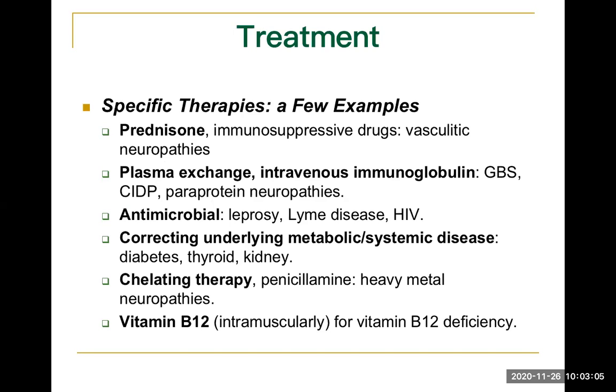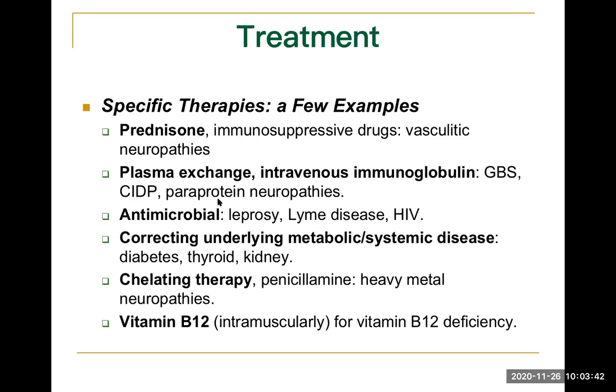Prednisolone or corticosteroid and other immunosuppressive drugs are specifically given for vasculitic neuropathy or connective tissue disorders which are involved in those. Plasma exchange and intravenous immunoglobulin, or IVIG, are given in situations like Guillain-Barré syndrome, CIDP, which is chronic inflammatory demyelinating polyneuropathy, because it is also associated with antibodies.